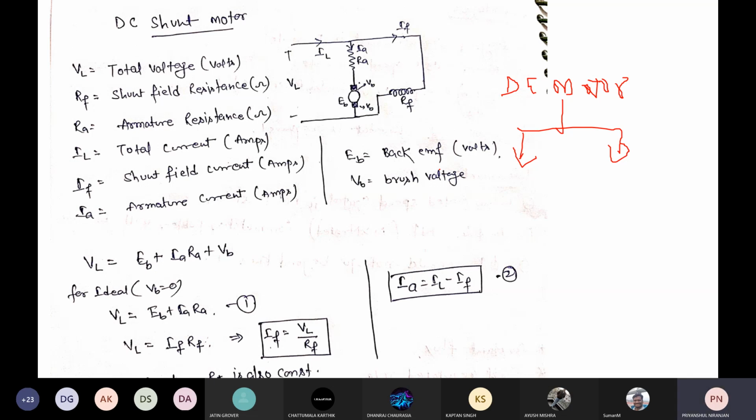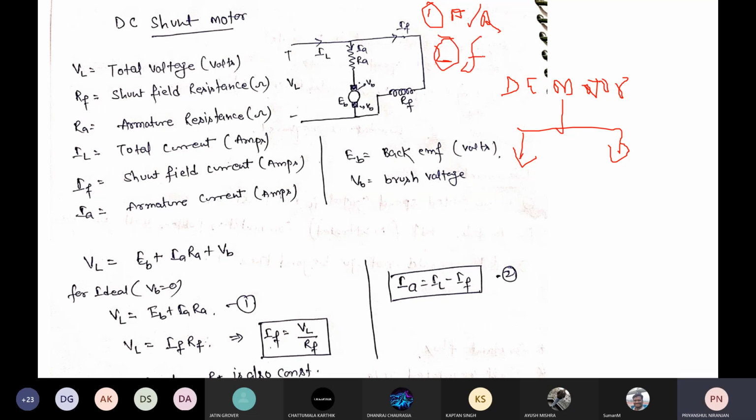When we design the DC machine, either as DC motor or DC generator, two windings come into the picture. First one is armature winding and second one is field winding.